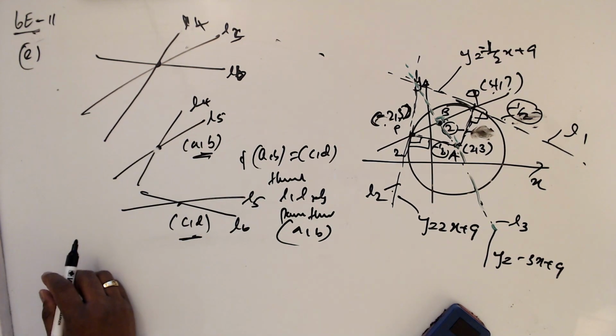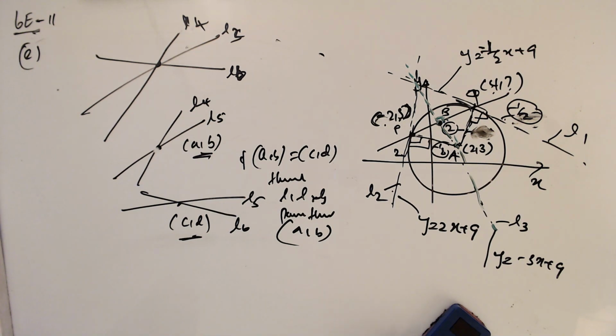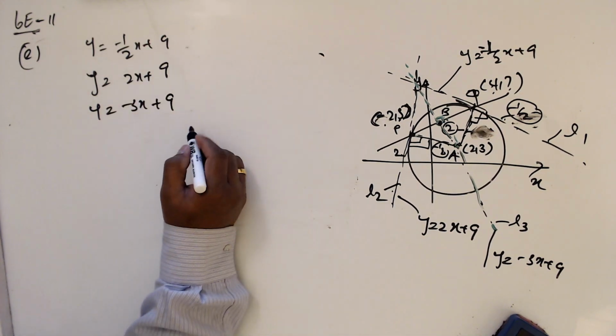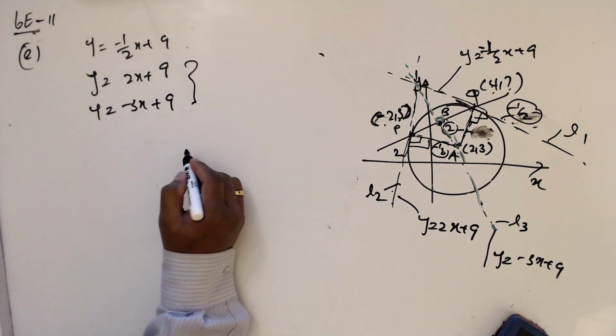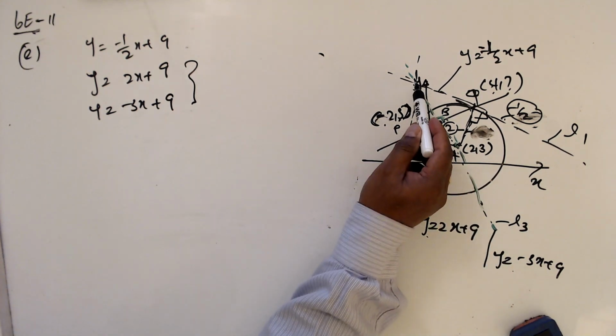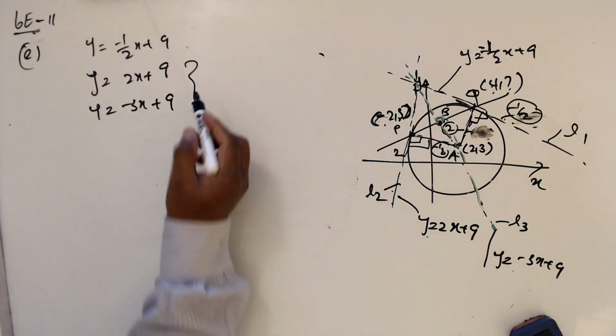We can use one of these. I'm going to use the satisfy method. I'll show you. Now I wrote all the equations and I'll pick those two. This is y equal 2x plus 9 and this one. I'll solve these and find this point.